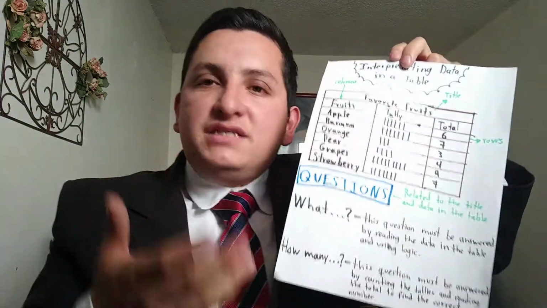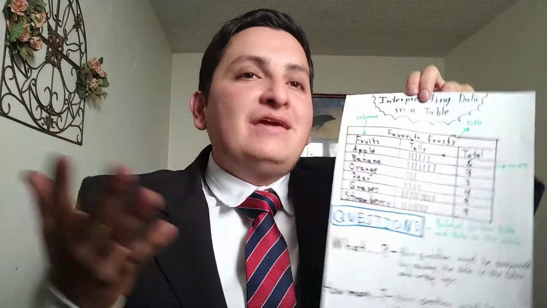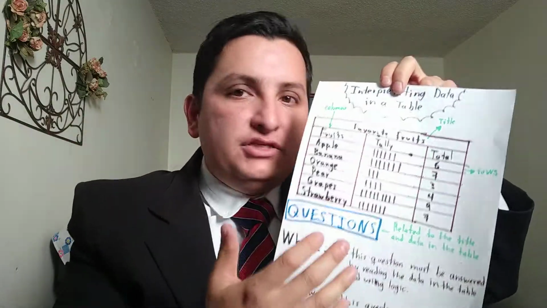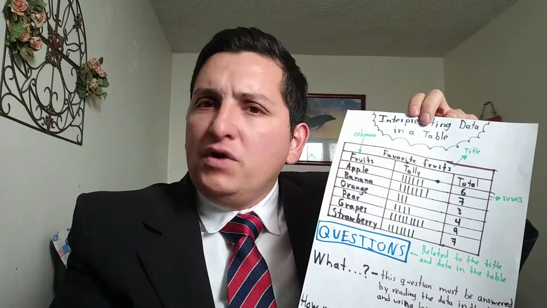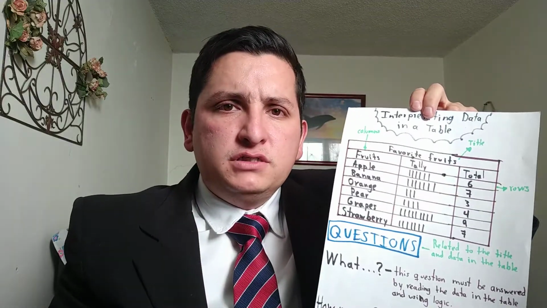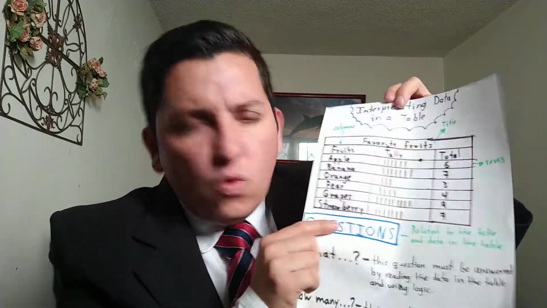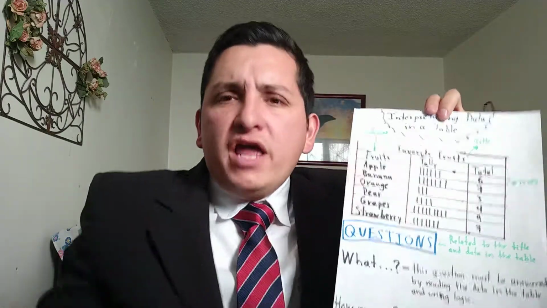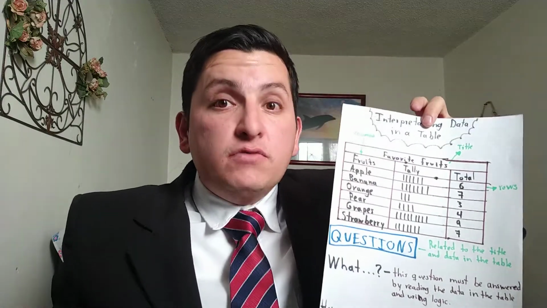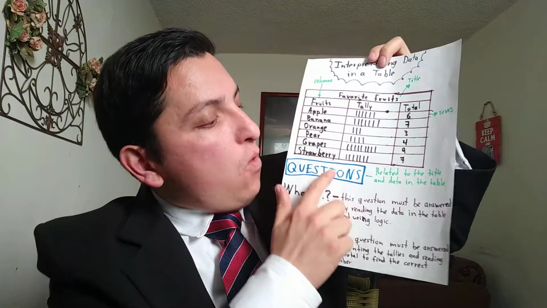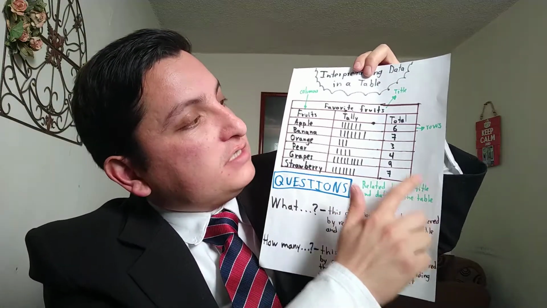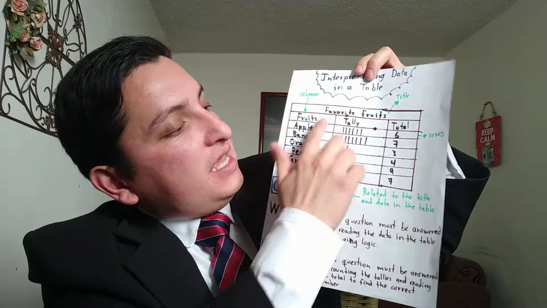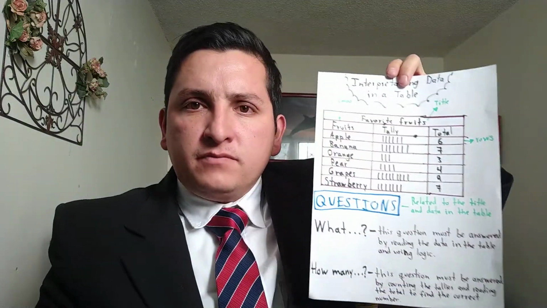Now, when we need to interpret the data in any chart or in any table, we need to know something very important. Questions. Why do I need this information? Why am I doing this? What's the reason? Well, the questions are related to the title and data in the table.